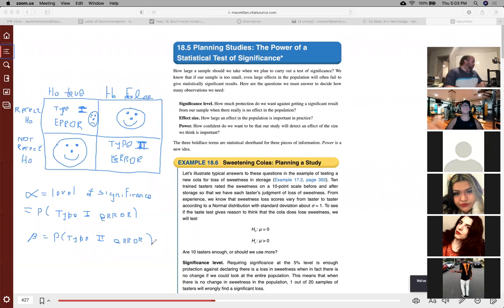Beta is equal to the probability of making a type 2 error. The power of a test is just 1 minus beta.